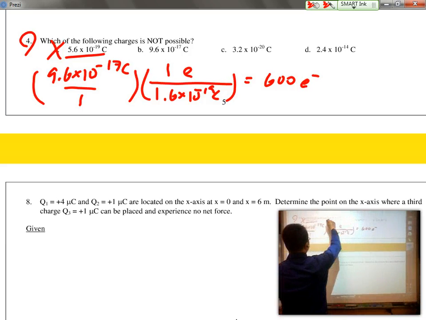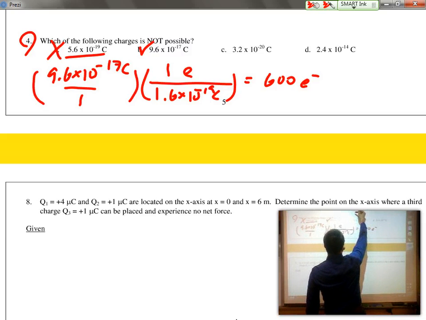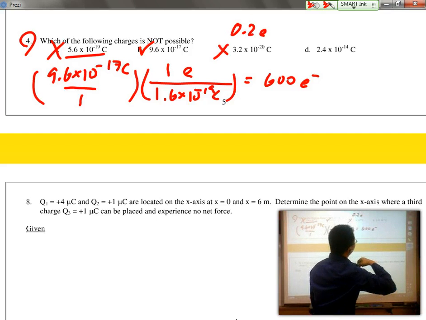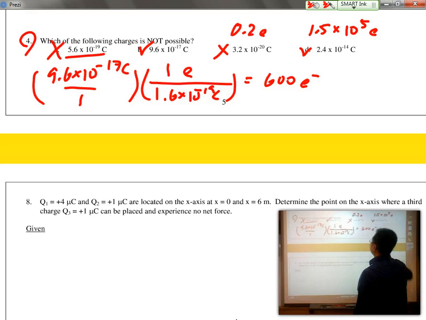So B is possible. If you did C, you would see you'd have 0.2 electrons, which is of course not possible. And for D, you would see you'd have 1.5 times 10 to the 5th electrons, which is perfectly fine.